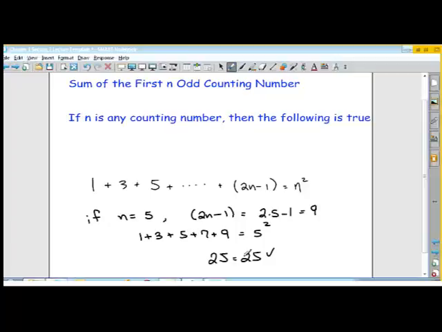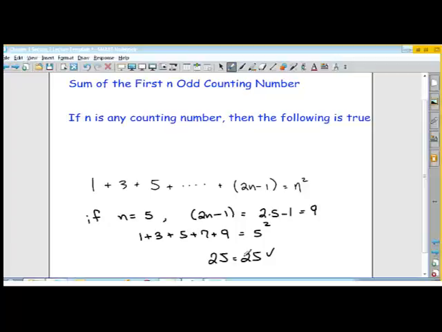But if you had n equals 1,000, therefore 2n minus 1 would be 1,999. You could add all the odd numbers up to 1,999, and they would give you the result, but it'd be a lot easier to just use the right-hand side of the equation.